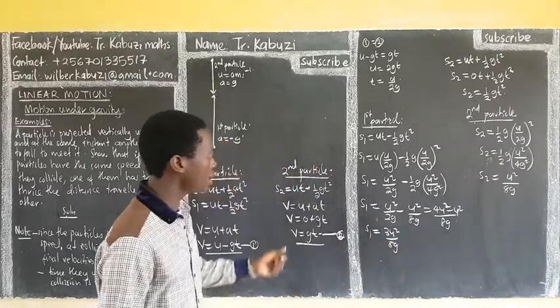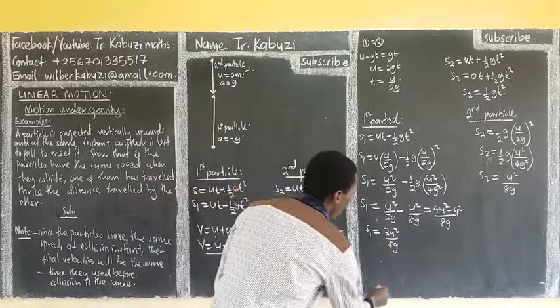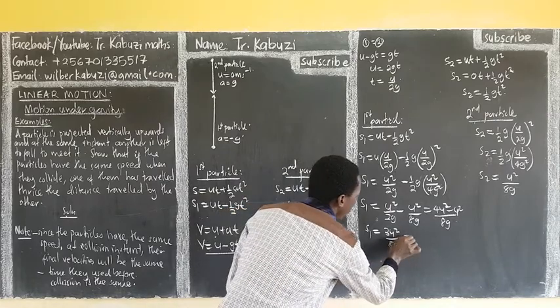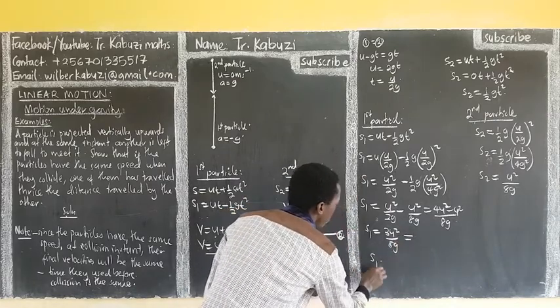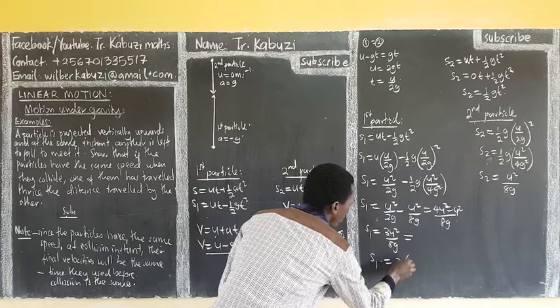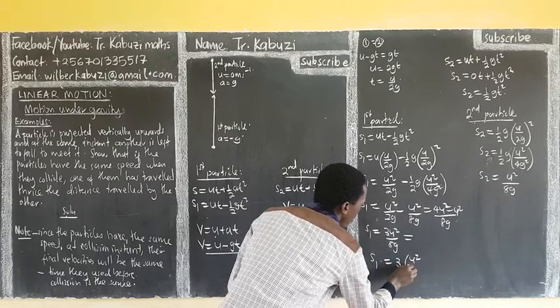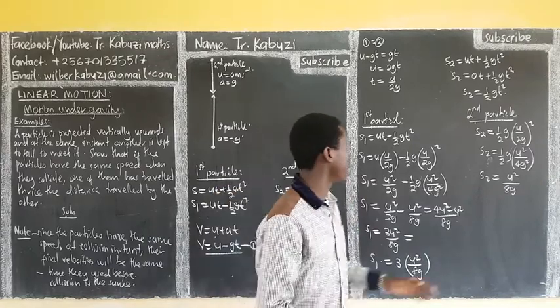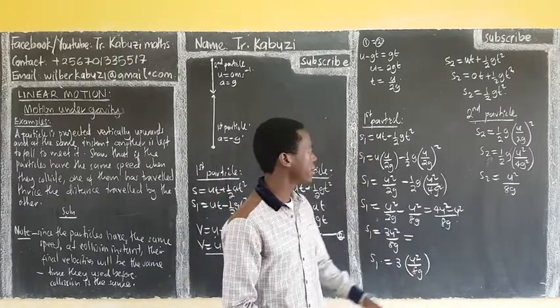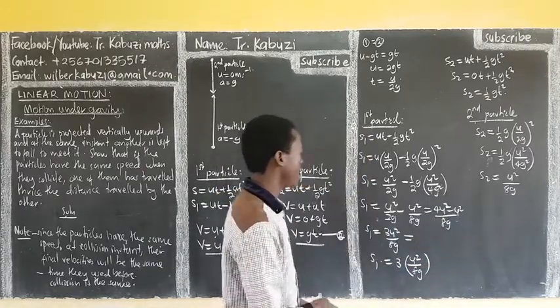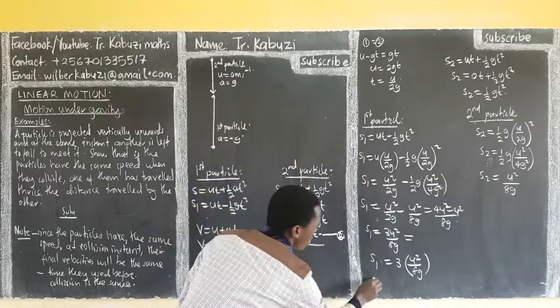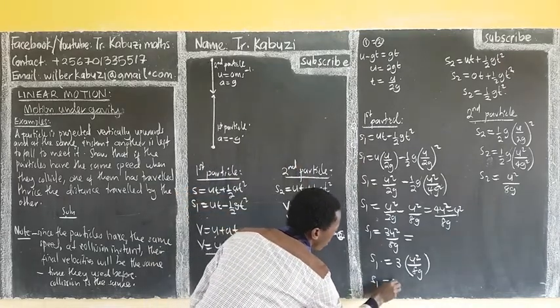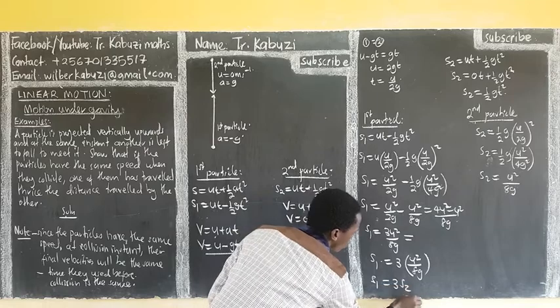Now you can easily see that if I factorize out 3, I'll have u squared over 8g. But what is this? All this is our S2. So our S1 will be equal to 3S2.